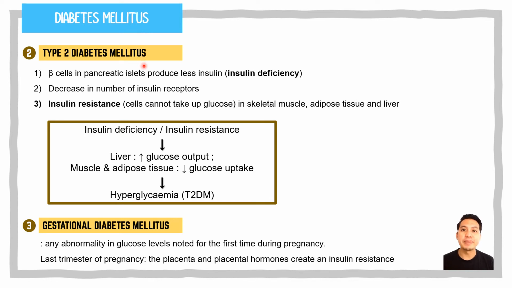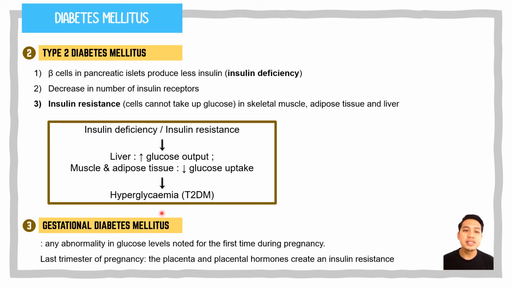Patients with type 2 diabetes can initially be controlled with diet, exercise, and oral glucose-lowering agents or non-insulin injectables. However, if the condition is uncontrolled or they do not seek any medical treatment, it will lead to progressive beta cell failure and eventually they need insulin therapy.